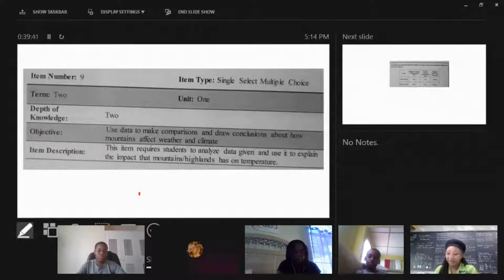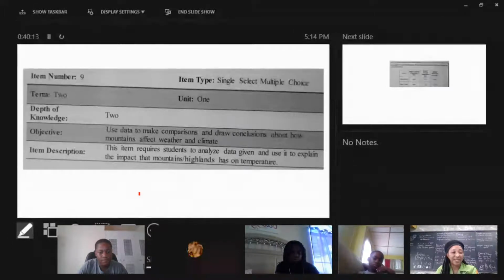The objective is to use data to make comparisons and draw conclusions about how mountains affect weather and climate.